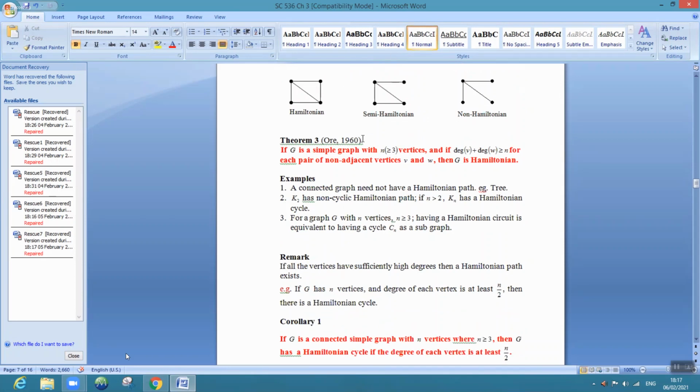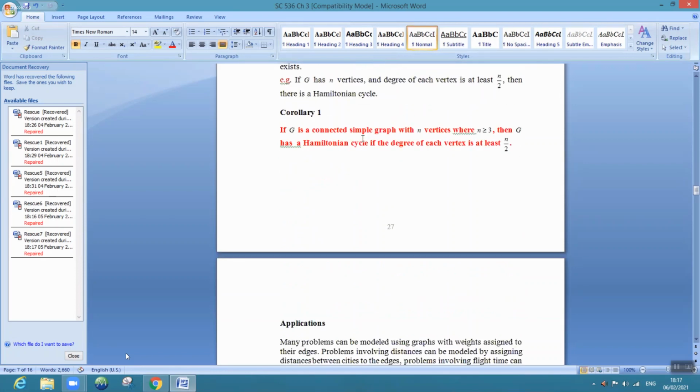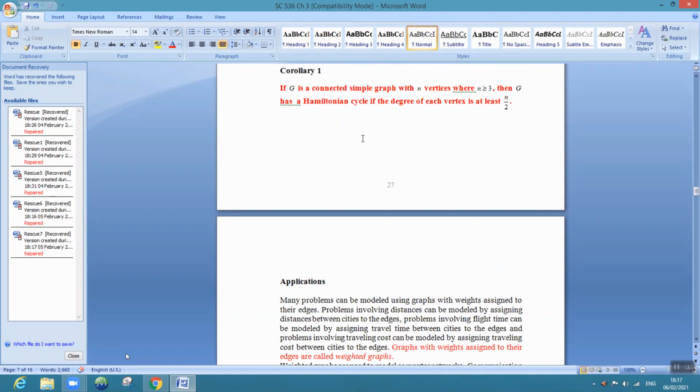Then there's a corollary regarding Hamiltonian graphs. If G is a connected simple graph with n vertices, n greater than or equal to 3, then G has a Hamiltonian cycle if the degree of each vertex is at least n by 2, as mentioned earlier.